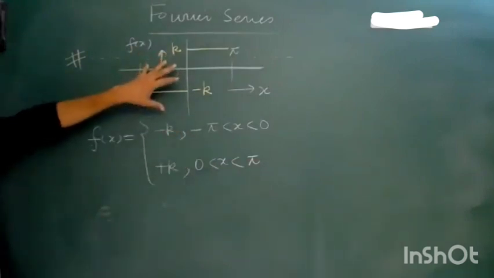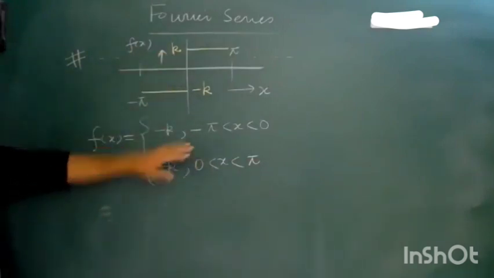This is the function that was plotted. Sometimes the function is not given, just the plot is given, so you have to first write the function from the plot. That will be the first step. Very simple, no?